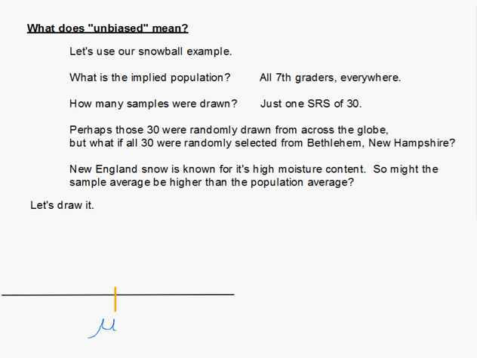We have our actual true population mean, the global average for all 7th graders who make snowballs. And onto that, maybe we'll assume that our sample was drawn from Bethlehem, New Hampshire, which means the sample mean is going to be actually a little high. It's going to be above the population mean. That is biased.